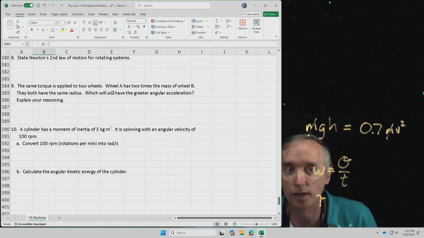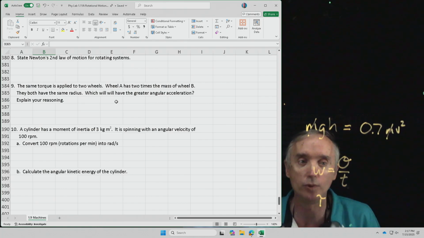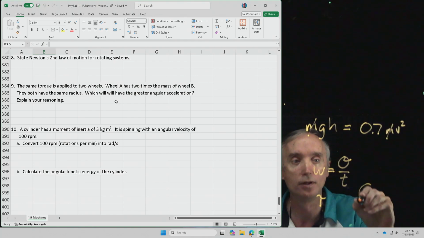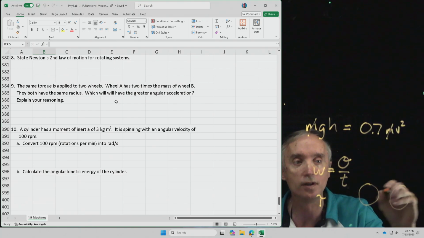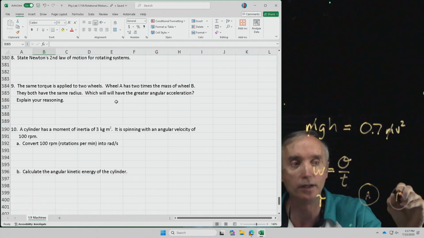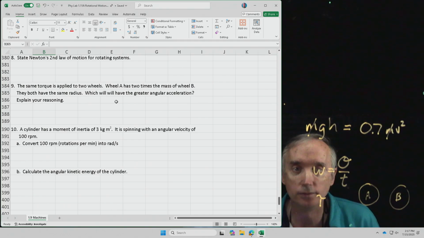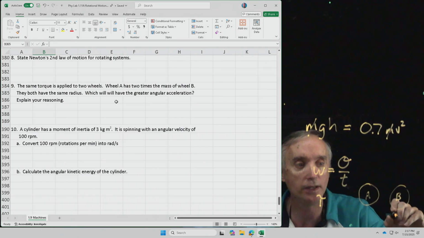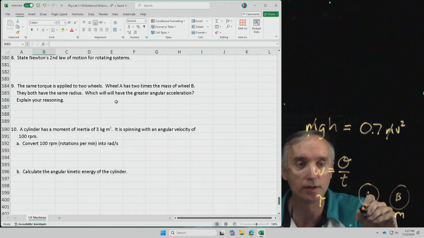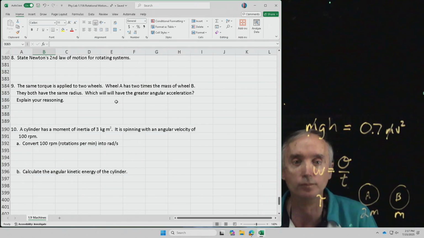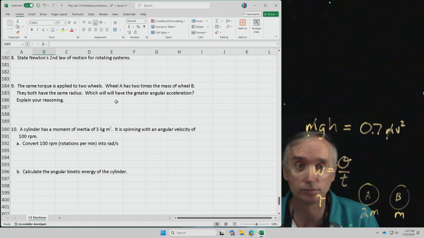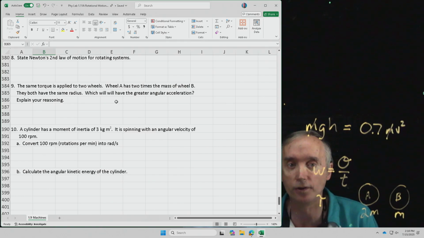Wheel A has 2 times the mass of wheel B. So this one might be a good idea to draw a picture, with wheel A and then wheel B. It says that wheel A has 2 times the mass, so wheel B has a mass of m, and wheel A is going to be 2m. They both have the same radius. Which is going to have the greater angular acceleration?